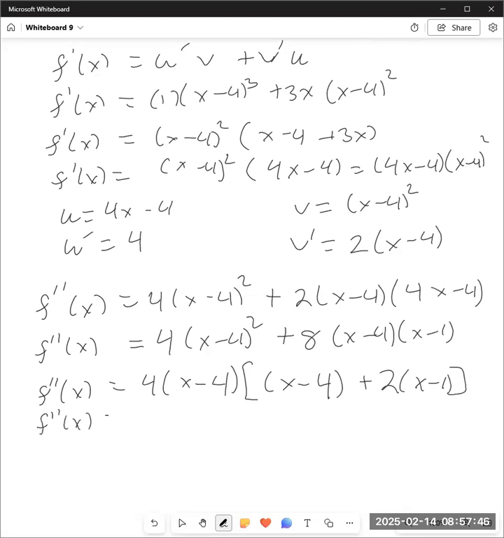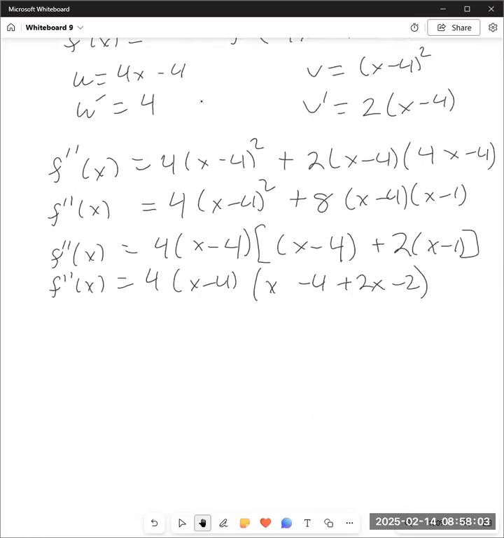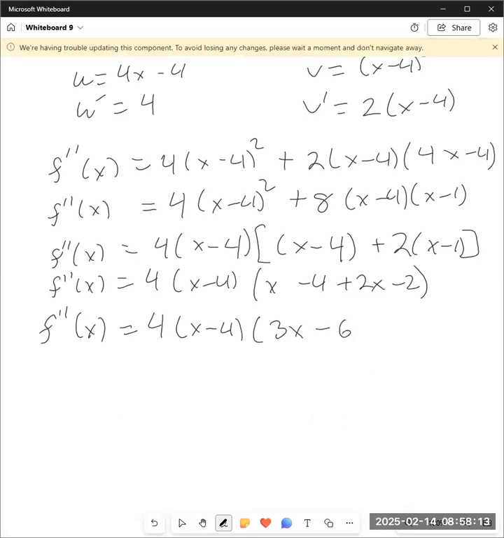f double prime of x is equal to 4 times x minus 4 times x minus 4 plus 2x minus 2. f double prime of x is equal to 4 times x minus 4 times 3x minus 6.